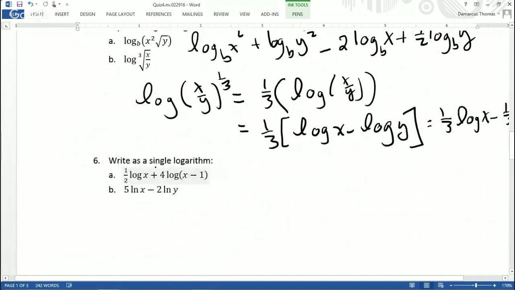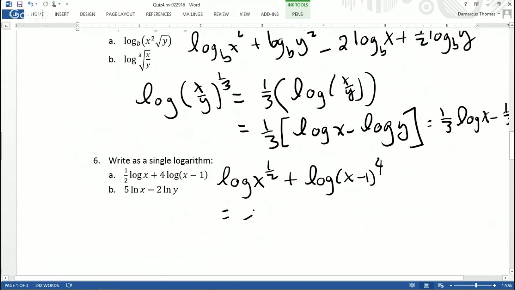This time, write it as a single log. And we have a sum of 2 logs, so they have the base 10. So we should be able to do this no problem. And also, we can rewrite these as powers as well. So I can write this as log of x to the 1/2 plus the log of x minus 1 to the 4th.